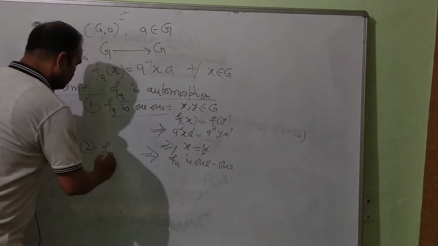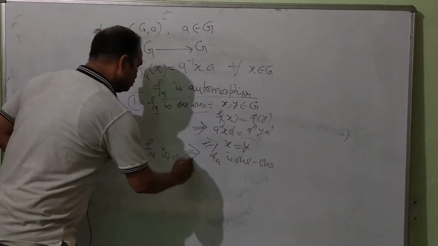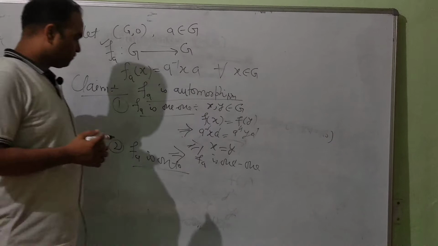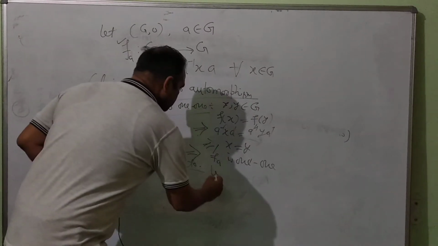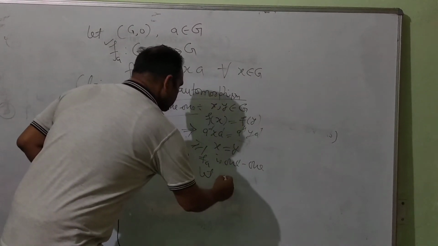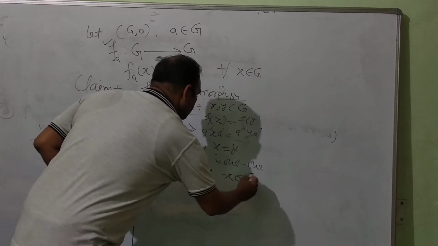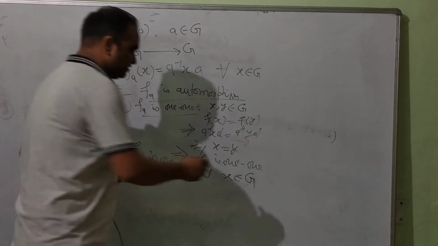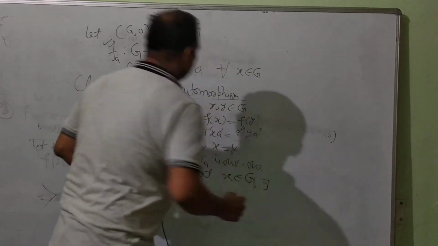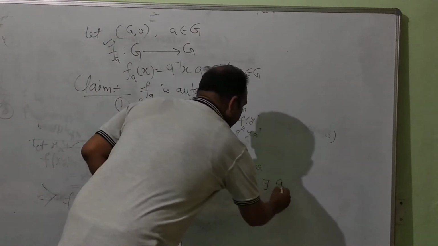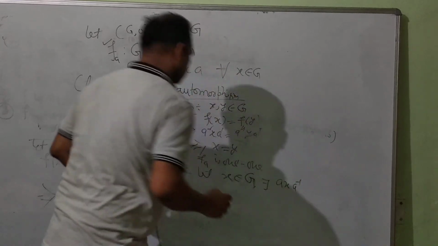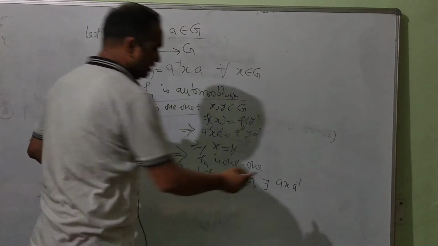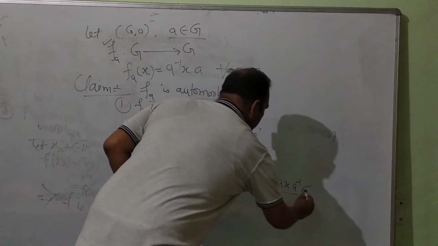So we are going to prove that this is onto. Let x be any element of this group, then there exists an element A x A inverse, right? Because A is an element of G, by the closure property A x A inverse also belongs to G.